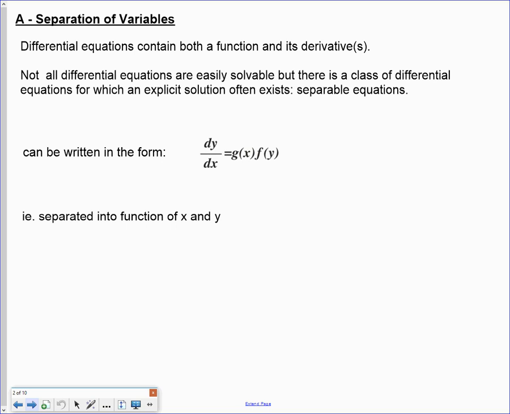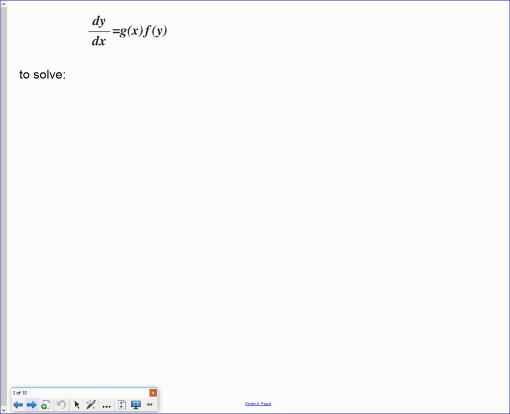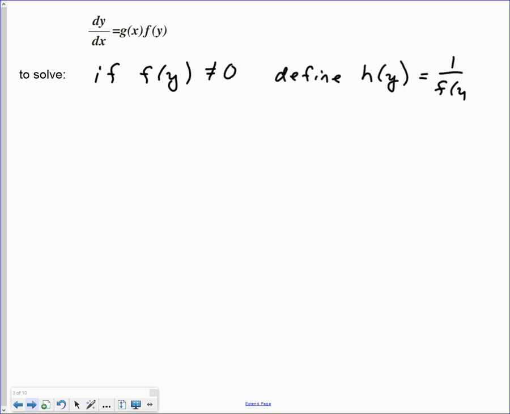So if we've got something that looks like this and we want to solve it, what we can do is assume that one of our functions here, our function of y, is not equal to 0. We can define a new function, which is 1 over this original function.